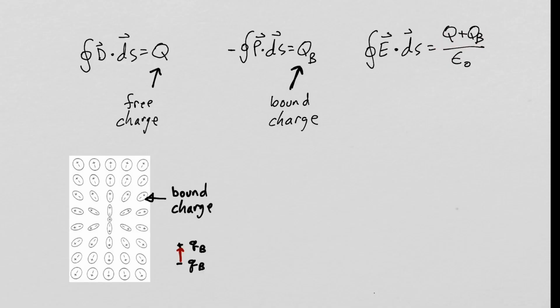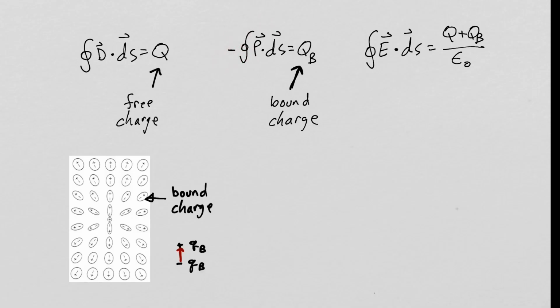We define the electric flux density field and the electric field intensity as originating on positive charges and terminating on negative charges. We're going to change for the polarization and associate it with starting on negative bound charge and terminating on positive bound charges, hence the minus sign in this equation.